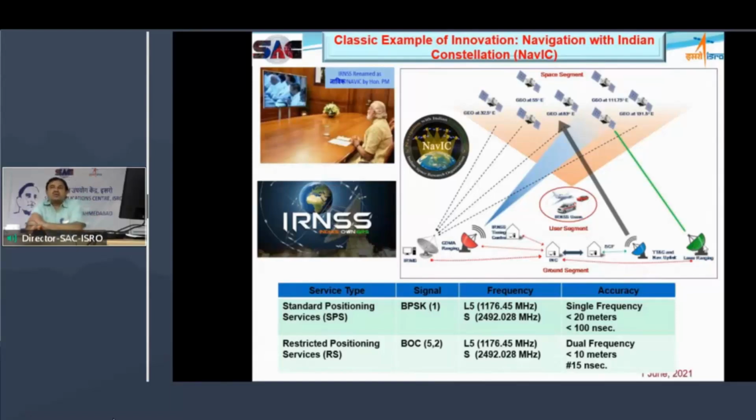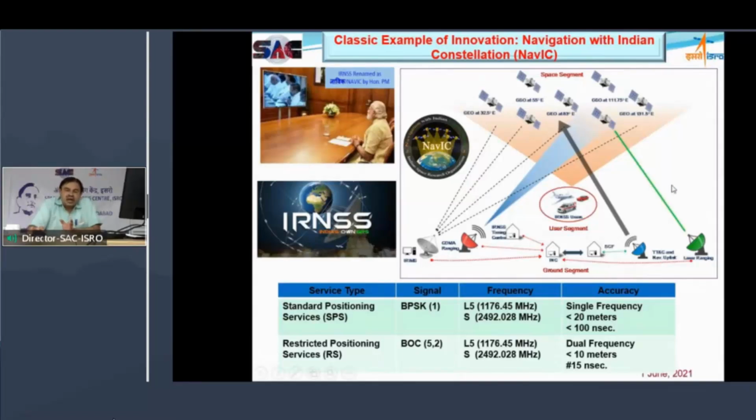So to avoid all such problems, the Government of India decided that we should have our own system, because GPS is under the control of the US government or US Air Force. To avoid such a scenario, we should have a system which is under the control of Indian people or the Indian government. With that idea, the whole program of IRNSS or NavIC was set up.